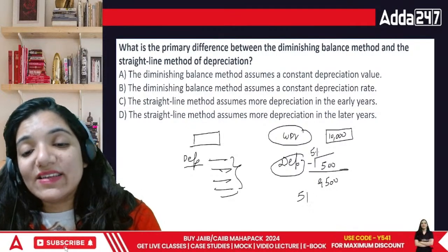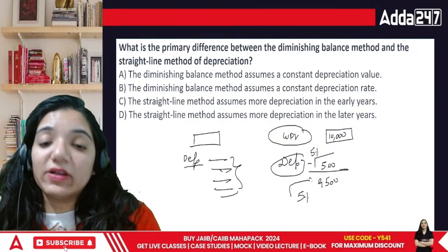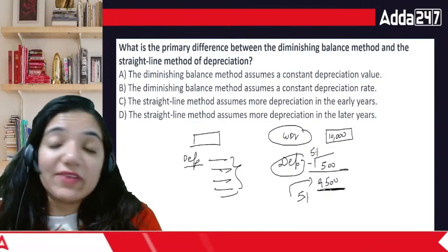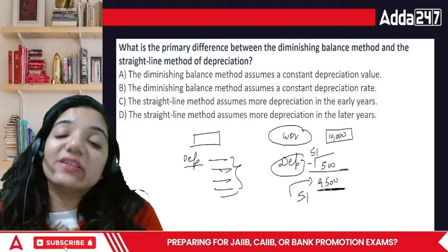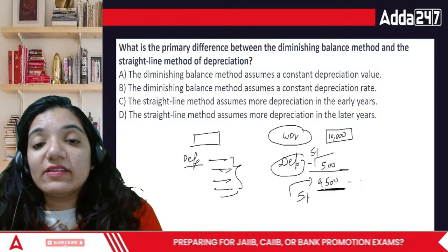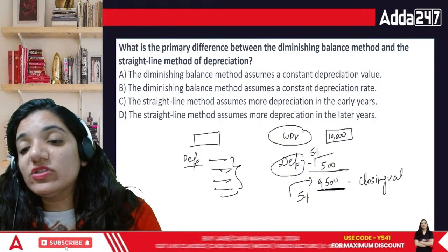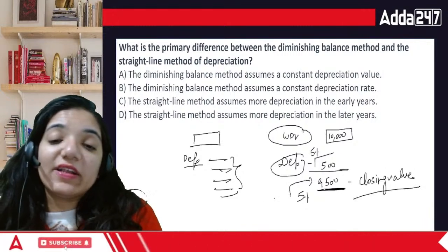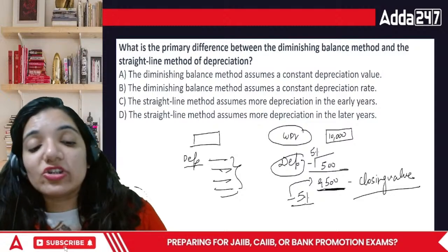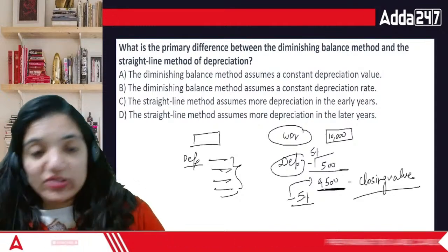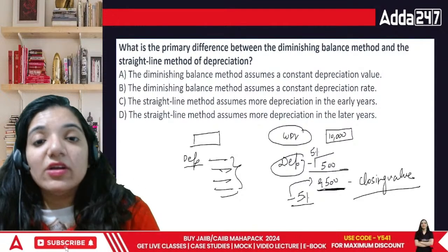Then in the next year, again 5% of 9,500. Whatever your closing balance is under the WDV method, you choose the closing value and the depreciation is charged on the closing value. It is not on any other thing, but it is on the closing value.